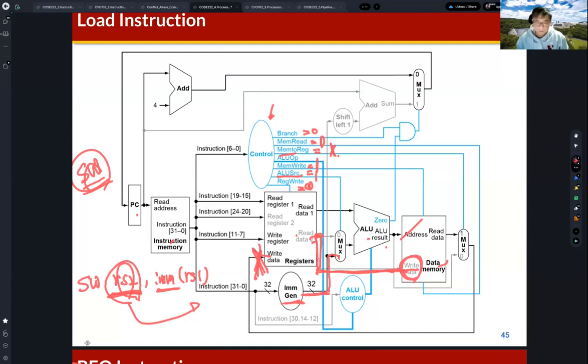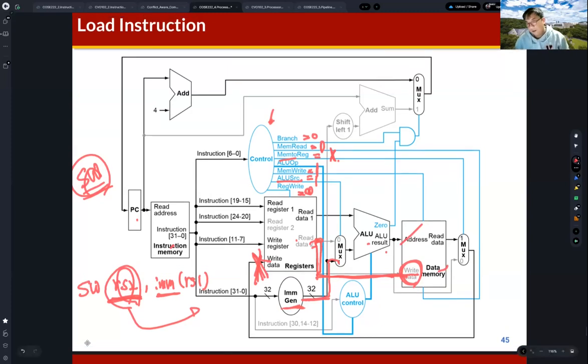In the previous class, we learned about the hardware architecture of a single cycle processor. We defined how an instruction is executed in a RISC-V processor.